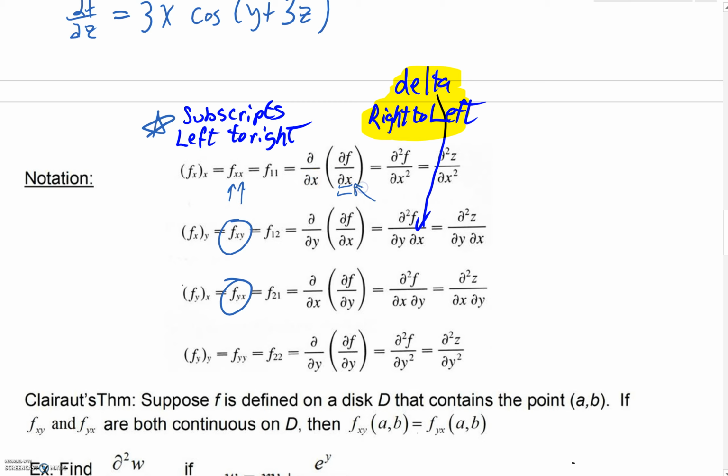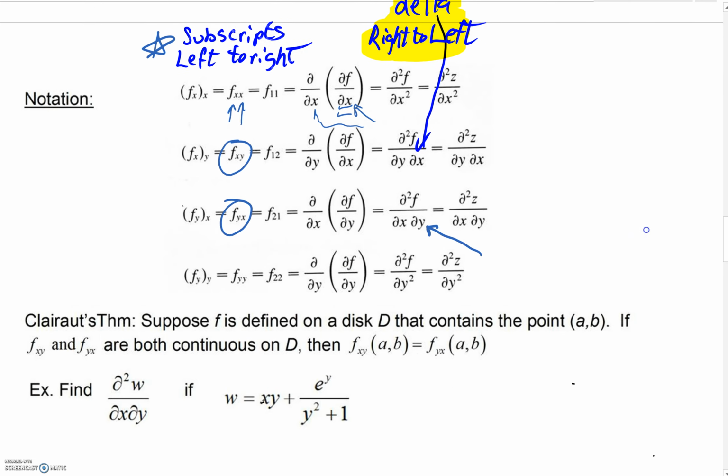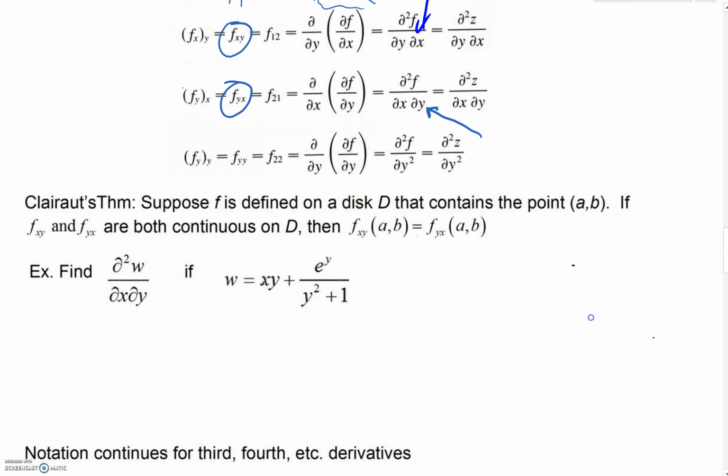First you take a derivative with respect to x, then you'd follow it with another derivative with respect to x. Whereas you're right here where I'm circling, first you take a derivative with respect to y and then with x. So you look at that denominator, and the delta on the far right is going to designate what you do first. So that hopefully can help you out.